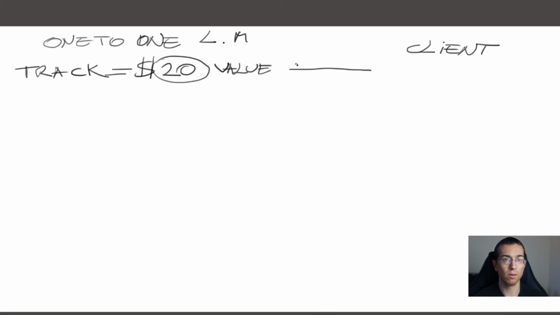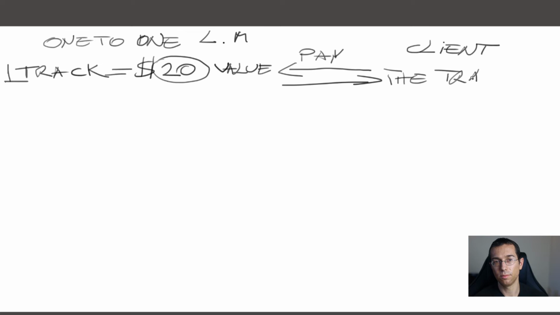The track fits his needs, and he wants to buy it. So for this one track he will pay this $20, and then he will receive the track, and together with the track he will also receive the licensing contract and invoice.